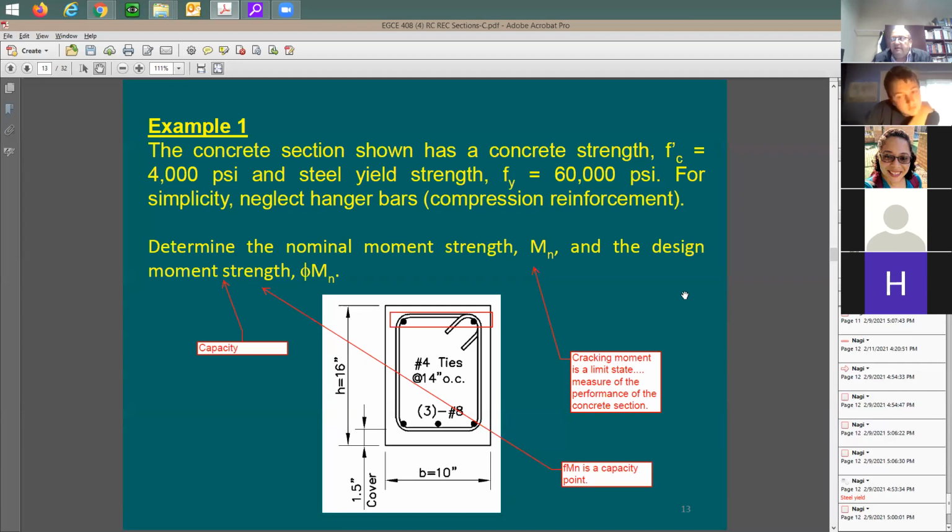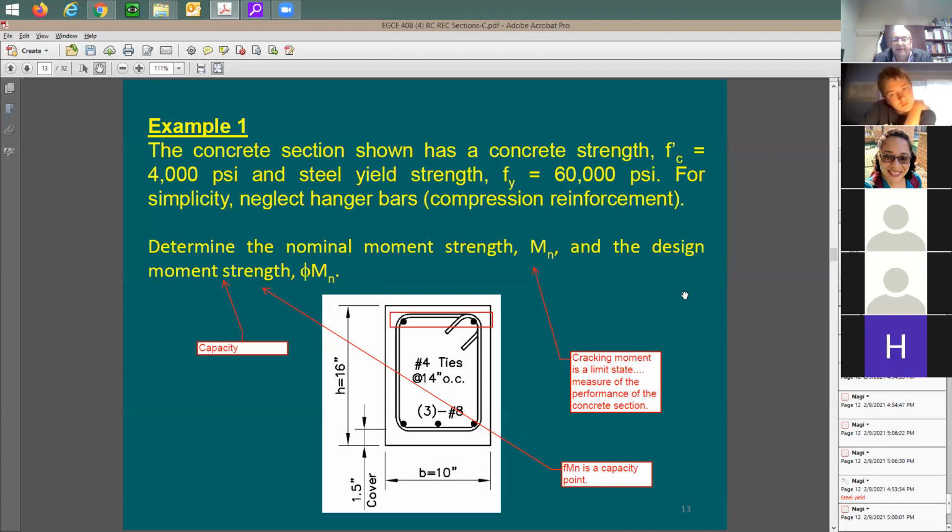Can I use it in my design? No. You don't use it in design. So if at any case I ask you for the moment capacity and you answer with the cracking moment, it means that you answer something different that I didn't really ask for. This is what's called here moment strength or moment capacity in design. This point here just explains to you how the concrete section works. That's it.